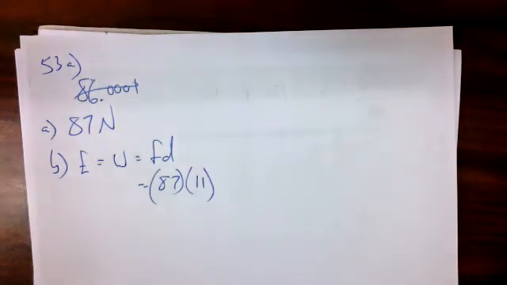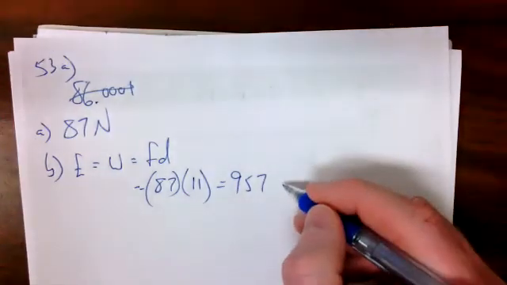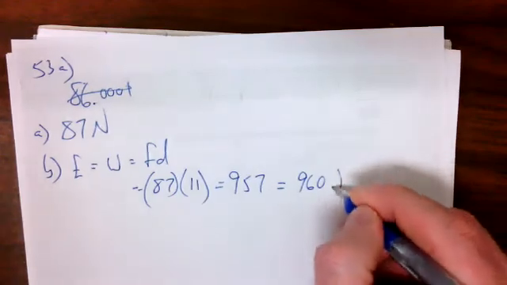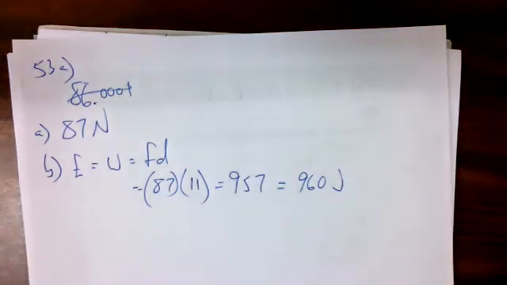I gravitate toward these nerdy things. 957, which would be 960 joules.